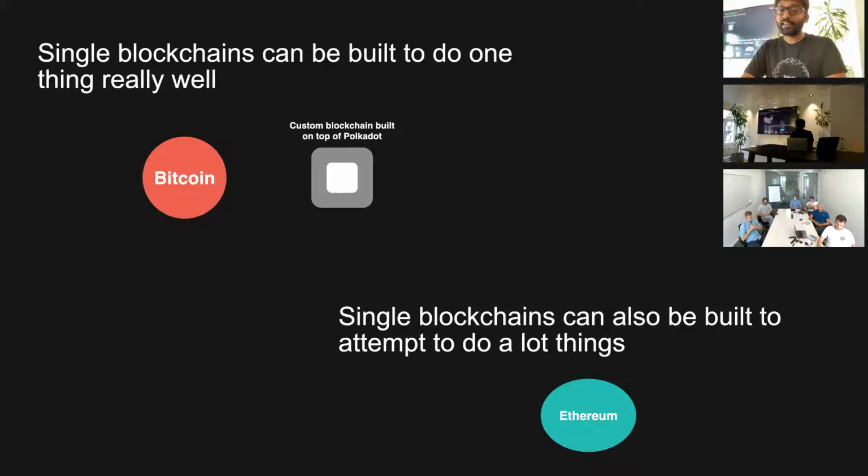And also you can have blockchains that let you do more stuff, like Ethereum. I'm sure many of you are familiar with Ethereum, or even are developing stuff on Ethereum. So what you can do is build a lot of applications on top of that particular blockchain. So Ethereum is a layer 1 blockchain. Anything you build on top of it is layer 2.